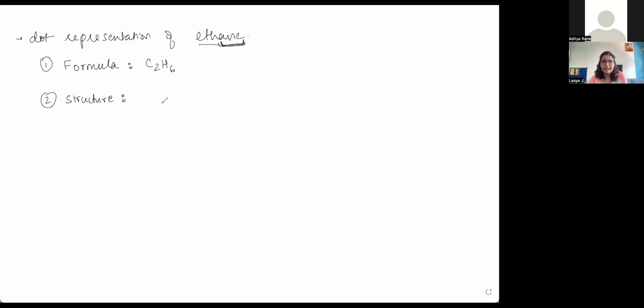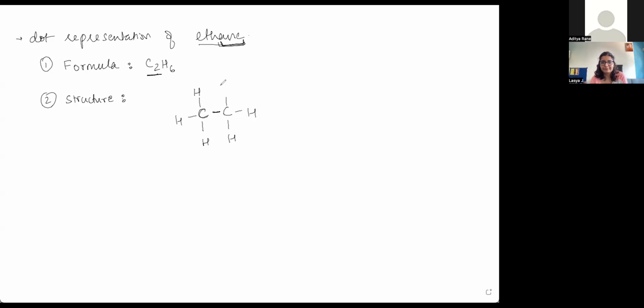So how should I arrange? Carbon is attached to another carbon. So we've got our two carbons. Now how are the hydrogens attached? Hydrogen will be on the first carbon. You will have 3 hydrogens there, and on the other carbon you will have 3 hydrogens.